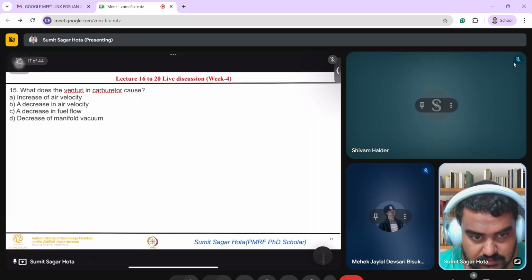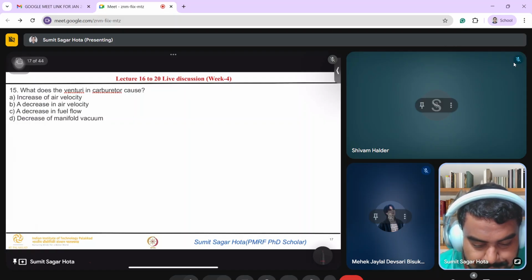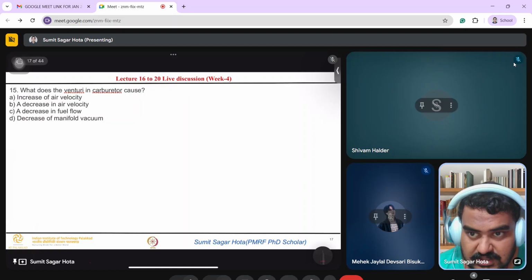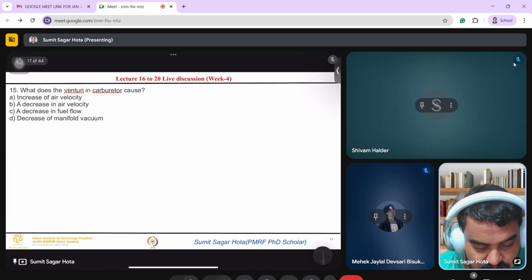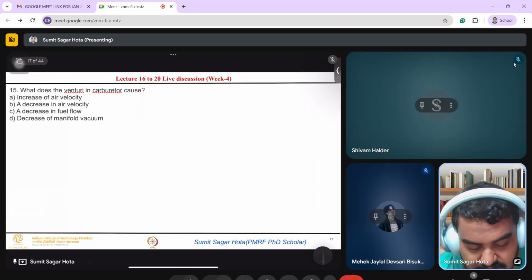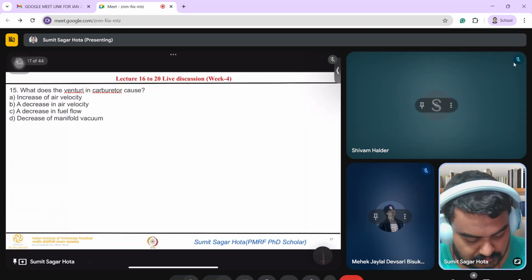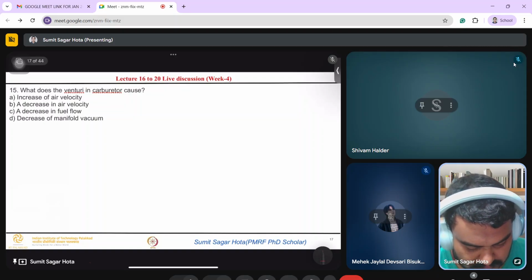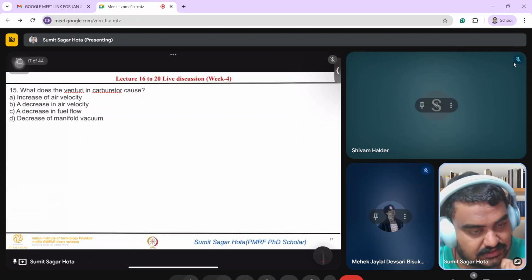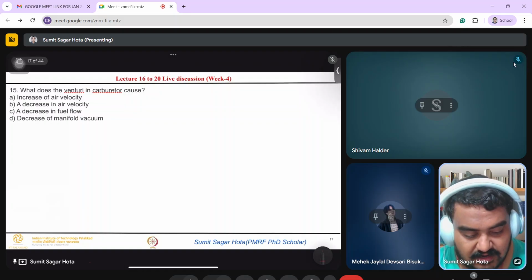Next question: what does the venturi in a carburetor do? Eventually it will supply enough air.